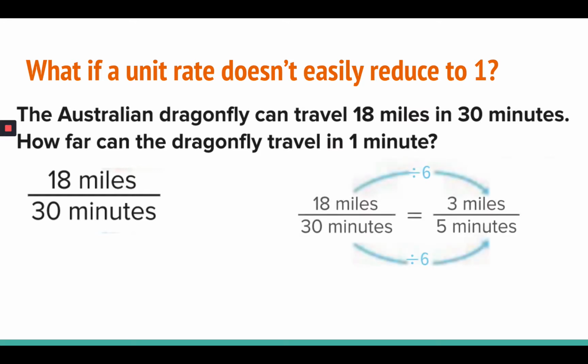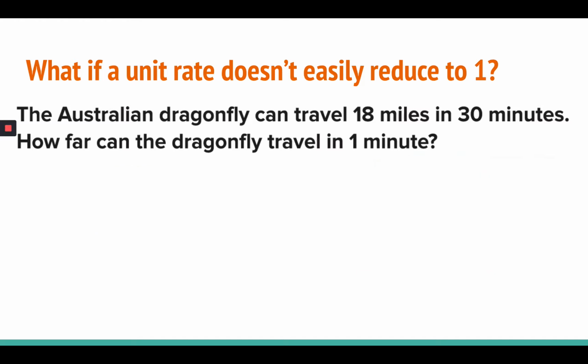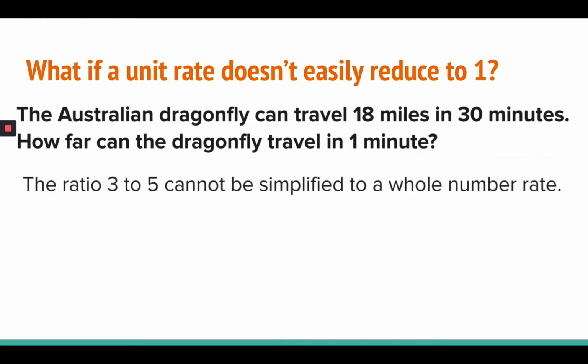So what you might realize is, I can reduce that by 6, and I can get down to 3 over 5. 6 goes into 18, 6 goes into 30, but that leaves me a fraction. It's not over 1. Well, you can also think of this as 3/5, so it can't be reduced to a whole number. There's no number that's going to bring it down to an easy 1.